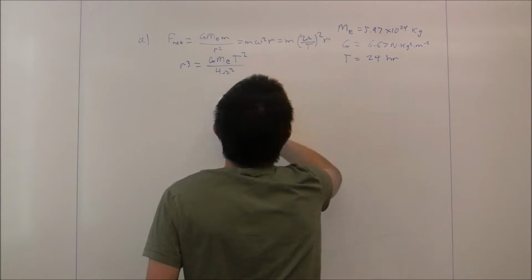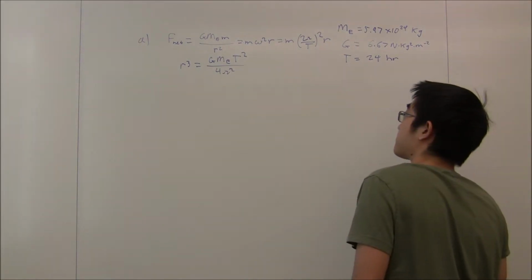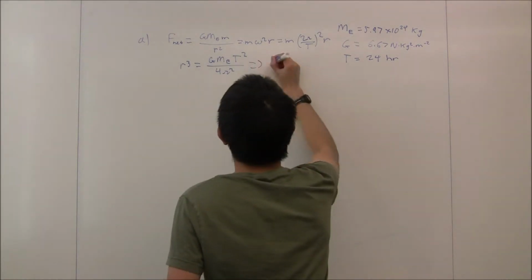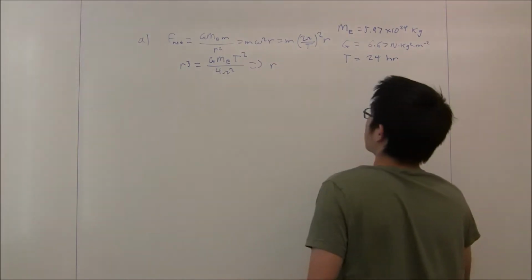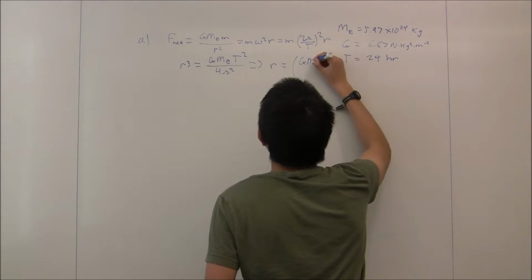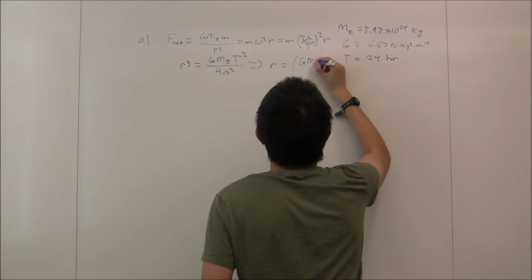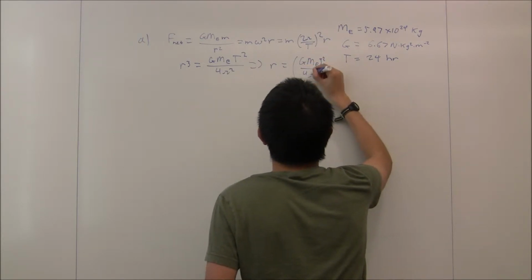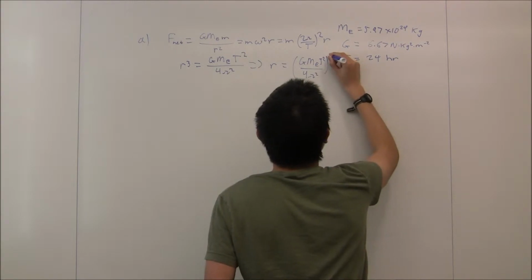And notice that the mass of the satellite cancels out. So this means that the radius of the geosynchronous orbit is equal to big G times the mass of the Earth times the period squared over 4 pi squared, and that is all to the 1/3.